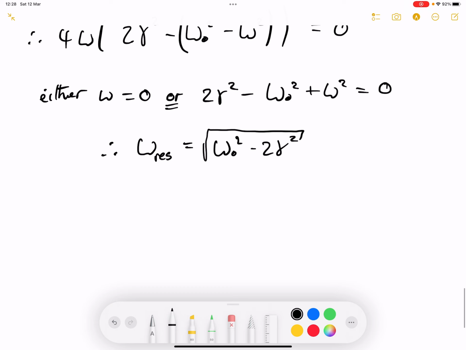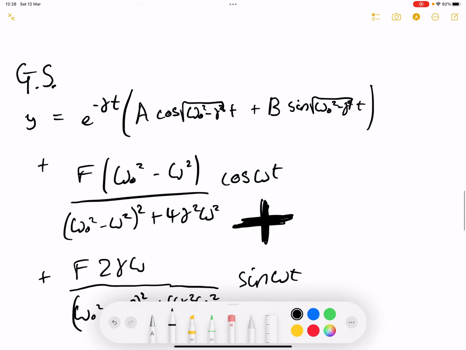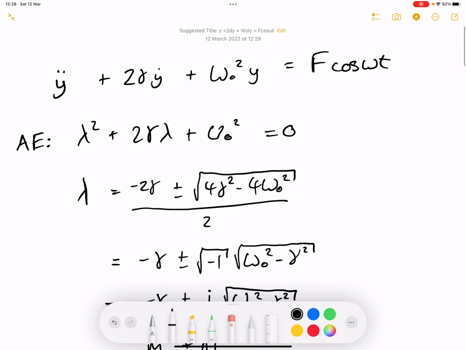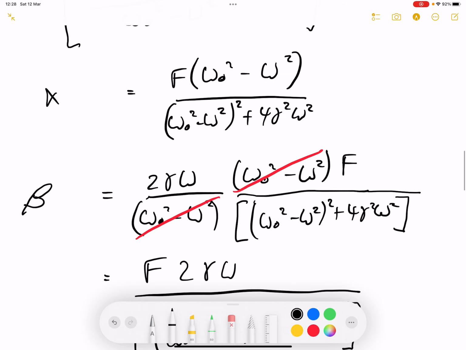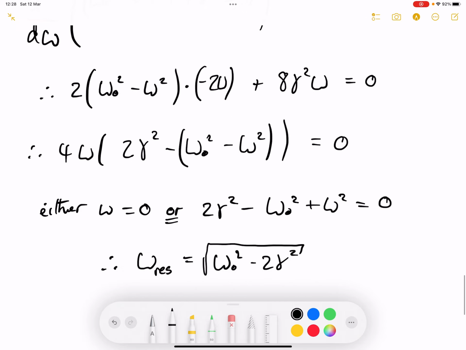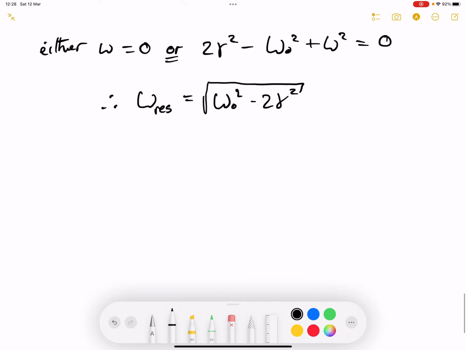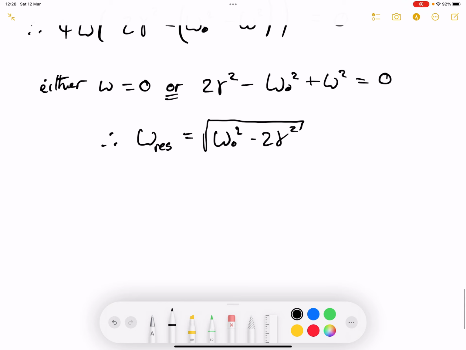So that is a beautiful result that we have just obtained from all of this algebra from this original equation at the top. So the equation for the resonant frequency, omega resonance, is equal to the square root of omega naught squared minus 2 gamma squared.